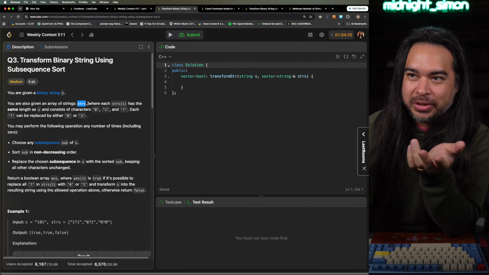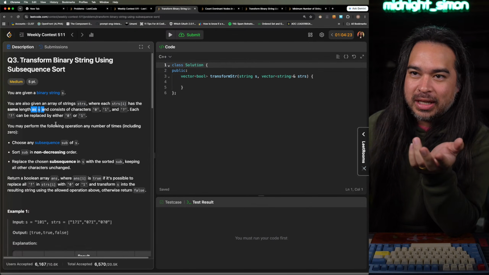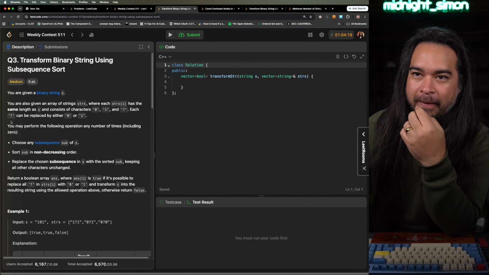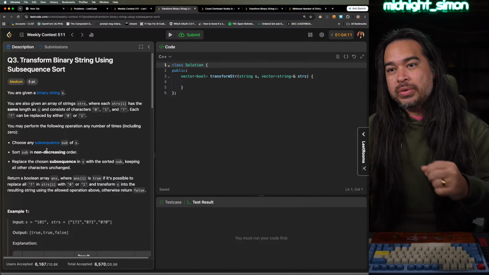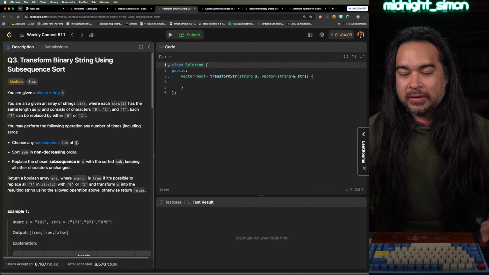So we get a bunch of strings. Each string has the same length and has 0, 1, and question mark. Each question mark can be either a 0 or 1. You may perform the following operation any number of times, including 0. Choose any subsequence of S. Sort the subsequence in non-decreasing order.